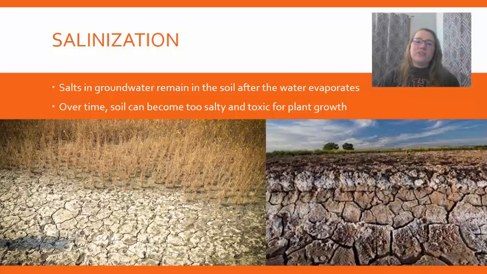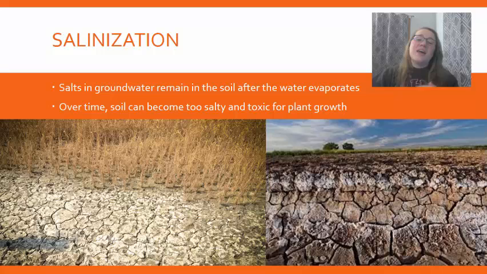Irrigation can also lead to this phenomenon called salinization. Now, salinization is talking about salts. So that water that is pumped onto these agricultural fields holds a lot of dissolved substances, some of which are salts. Now, when that water evaporates off of the field or is absorbed through the roots, oftentimes that salt is left behind.